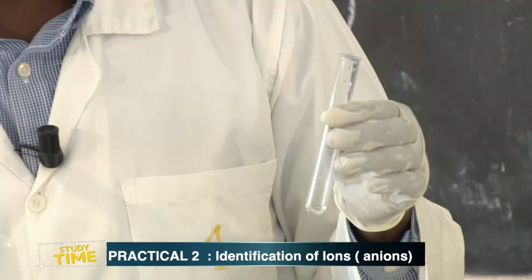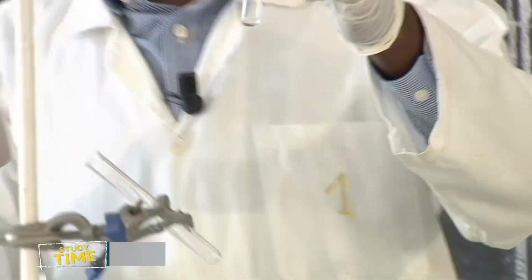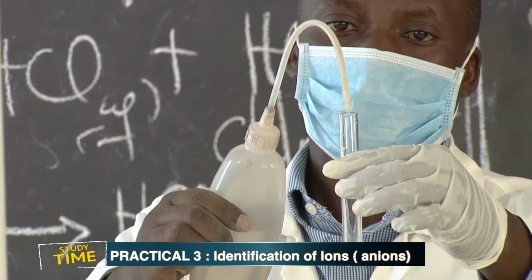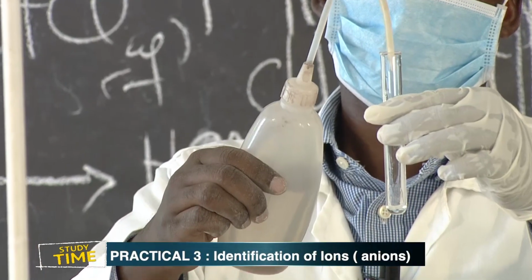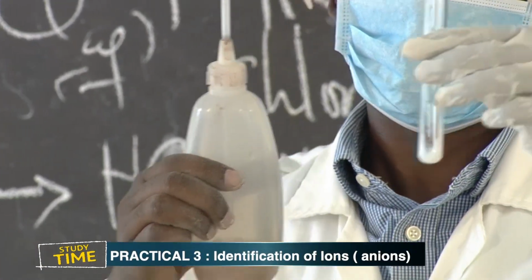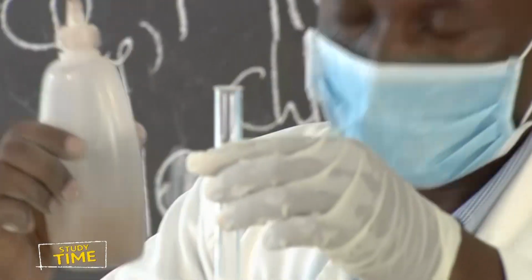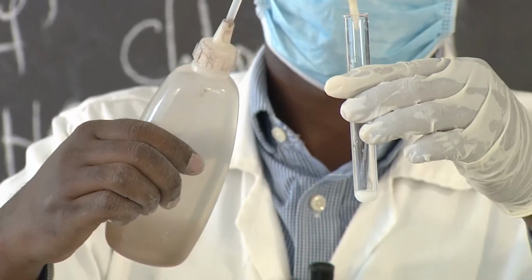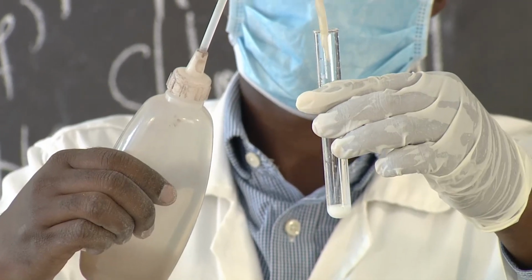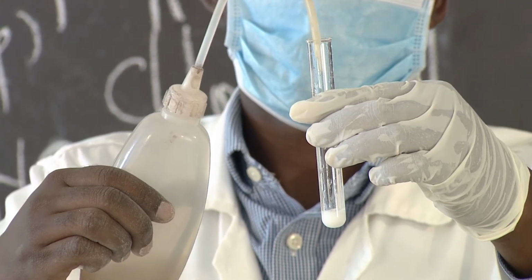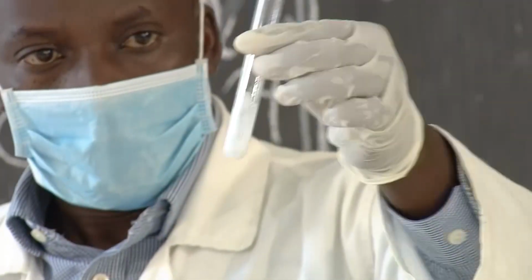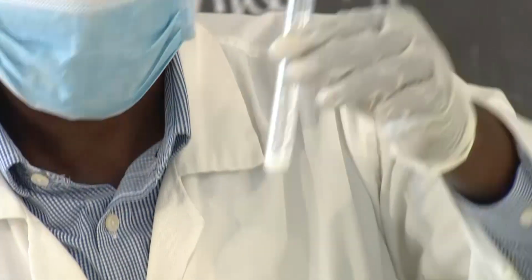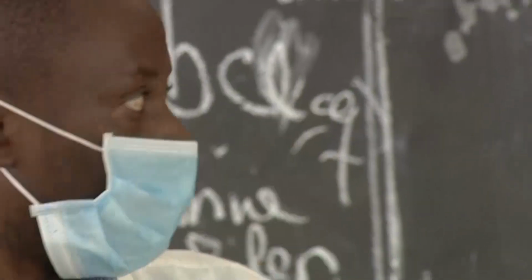So we are going to add silver nitrate, a few drops of it. I've just added even a lot, but still it is there. Just look at it. A white precipitate is formed.